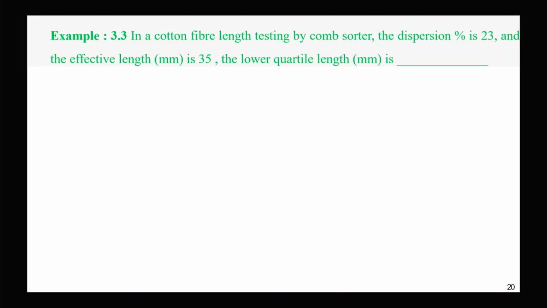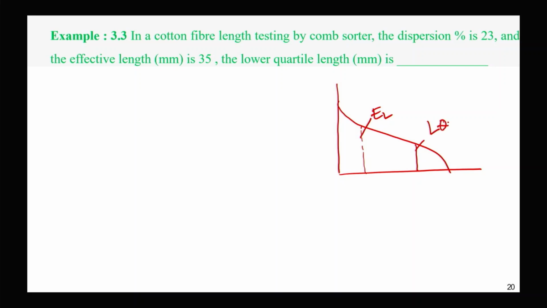Now try to see a similar problem here. Comb sorter, dispersion percent is given and effective length is given. So this is the effective length, and here is the lower quartile length, LQL.